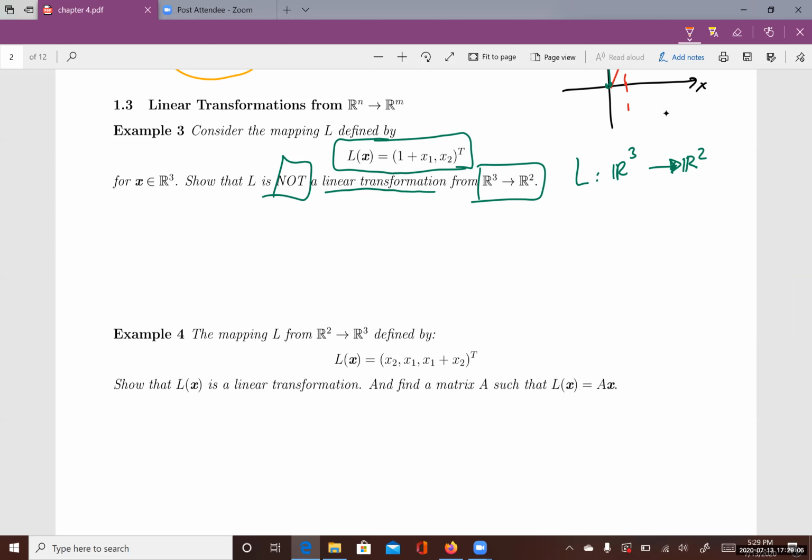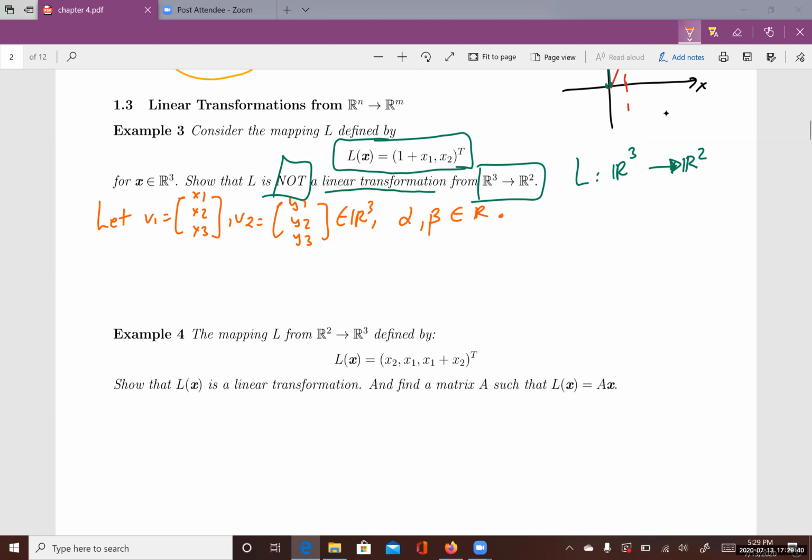Again, I always have to call out two vectors and two scalars: v1 = (x1, x2, x3), v2 = (y1, y2, y3), and alpha, beta are in R. You need to make sure that people know where your vectors are in. So these vectors are in R3, and alpha, beta are just scalars.